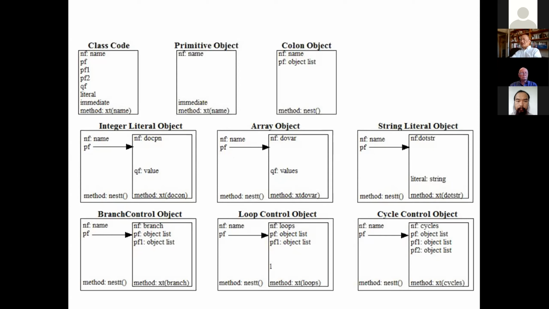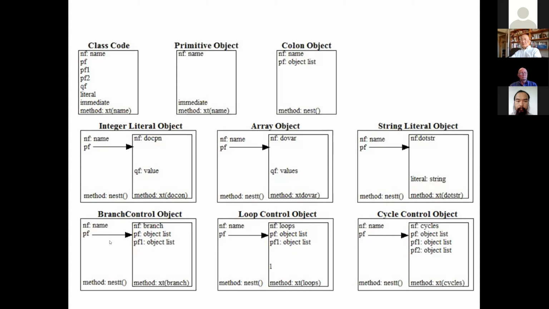A variable has a single value in its QF field. An array object will have a sequence of as many values as there need to be. And a string object has a doString, and in the literal field it has the string value.